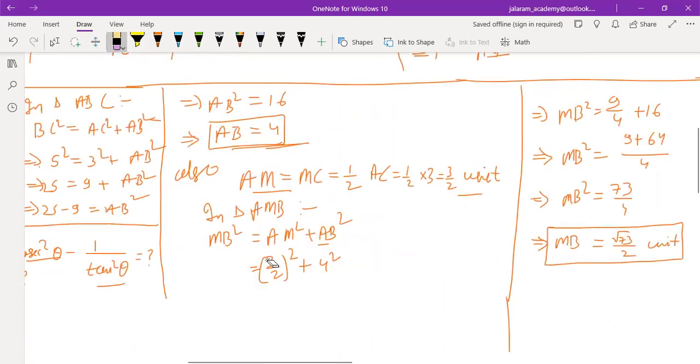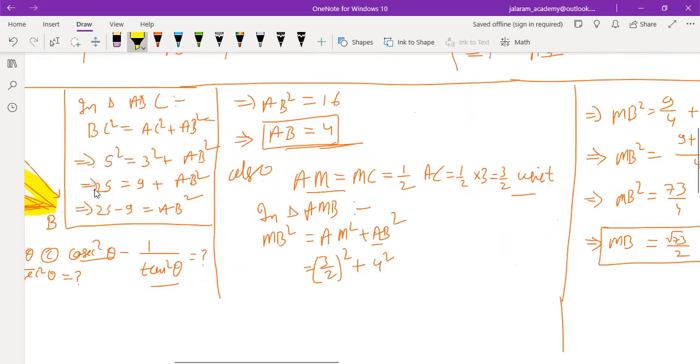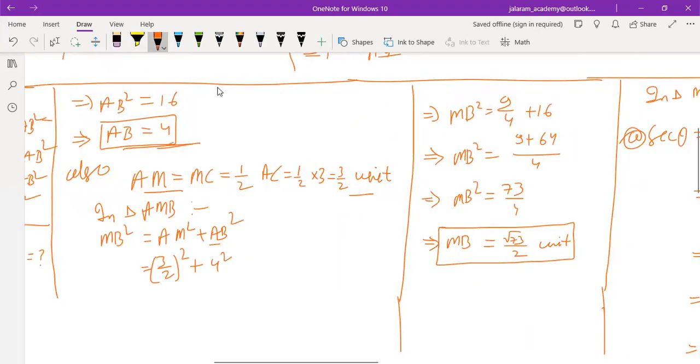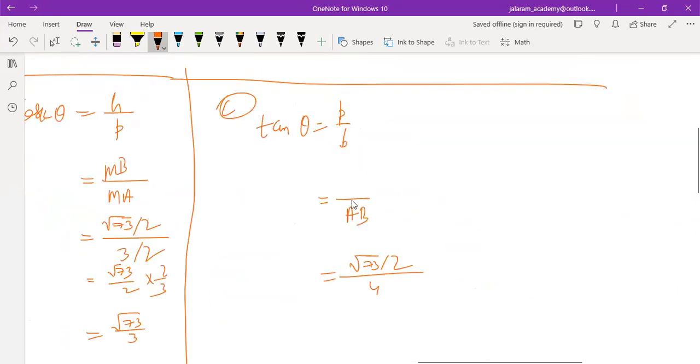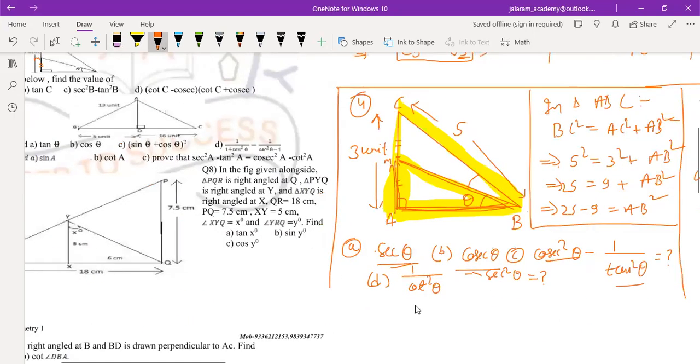Look at this. Length of perpendicular is this one. This is the perpendicular MA. And length of MA is 3 by 2 units.